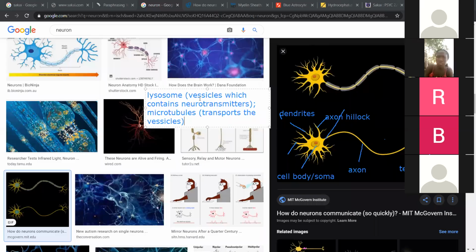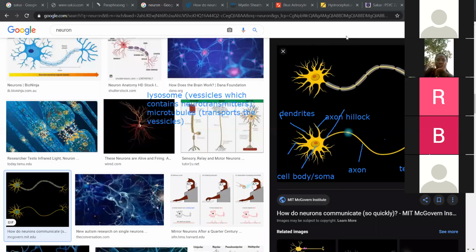So please, any questions so far? Okay. So here comes the question. What is the function of the cell body in itself? So overall, what do you think will be the function of the cell body or the soma?